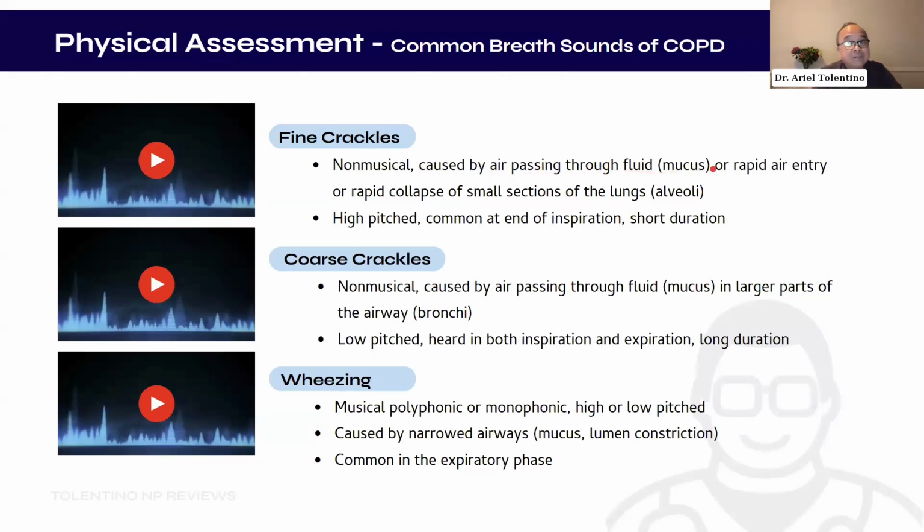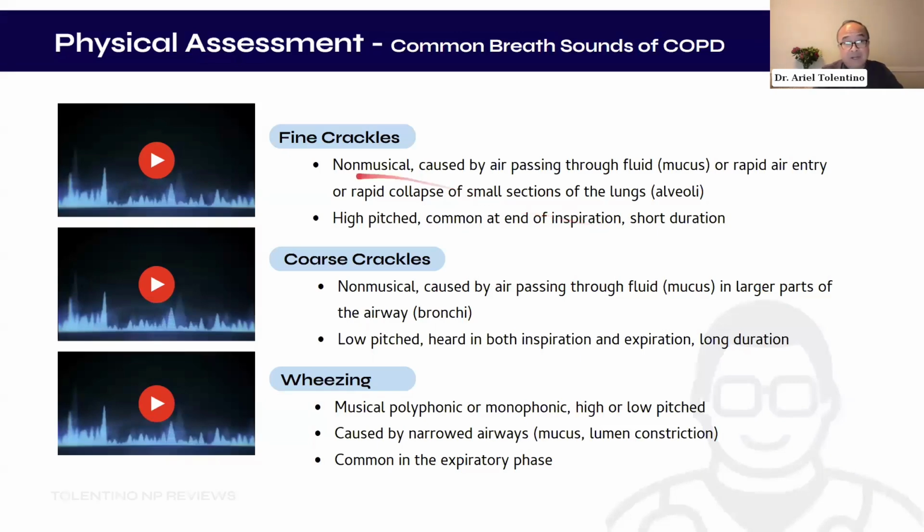Now, in fine crackles, this is due to rapid air entry or rapid collapse of small sections of the lungs, those alveoli. They are higher in pitch compared to coarse crackles and common at the end of inspiration. And of course, because of its location at the end of inspiration, it's of shorter duration.